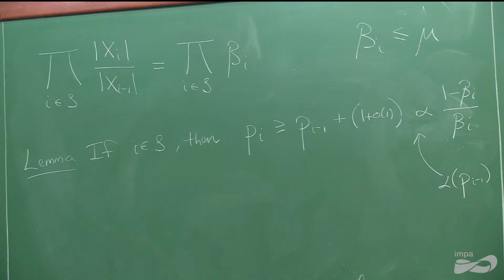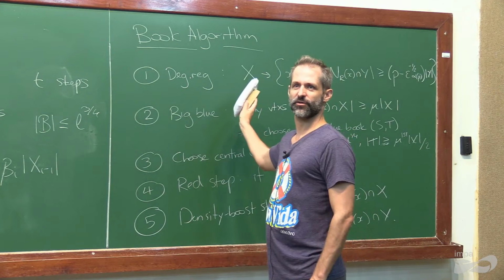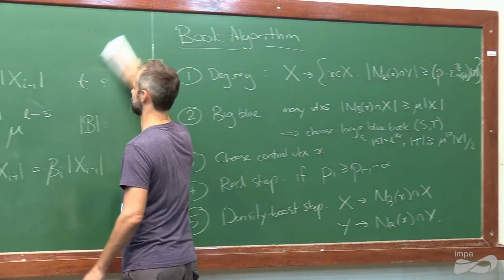Okay, so how are we going to prove this? What would you rather keep, the algorithm or this? I'm going to keep the algorithm. Okay, I'll get rid of this.